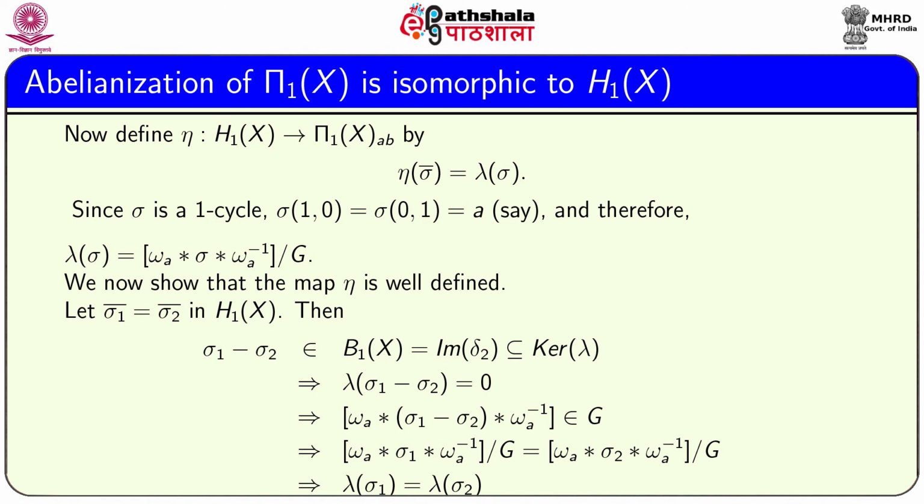So, the class of WA * (σ1 minus σ2) * WA inverse should be inside the commutator subgroup G of π1(X), and that means the class of WA * σ1 * WA inverse by G is equal to the class of WA * σ2 * WA inverse by G. That means λ(σ1) is equal to λ(σ2), and that proves that η is well defined.